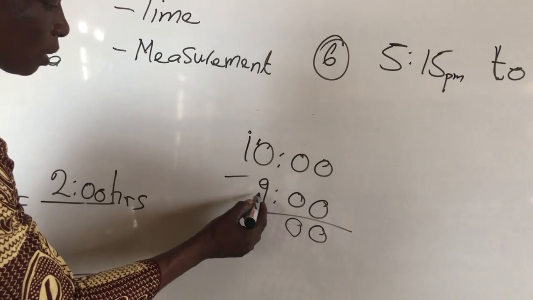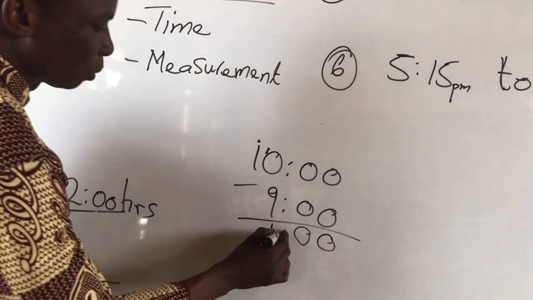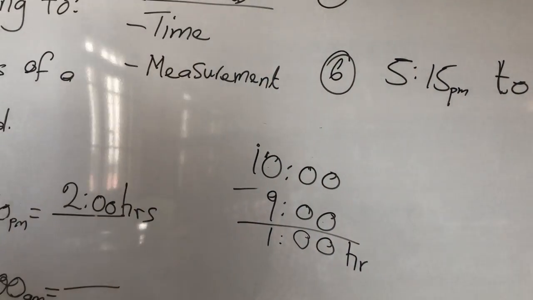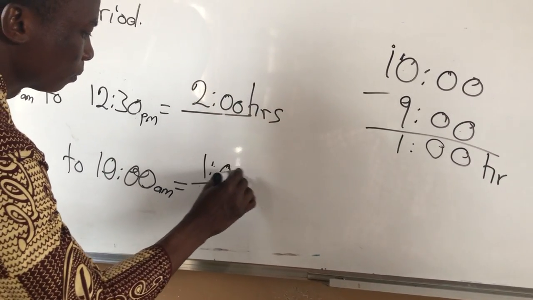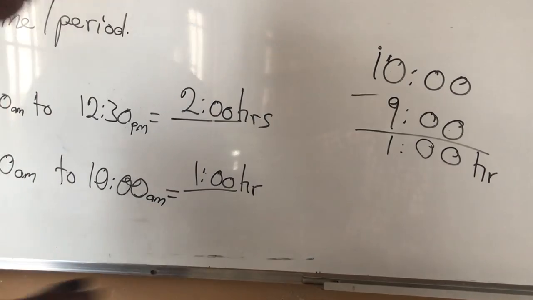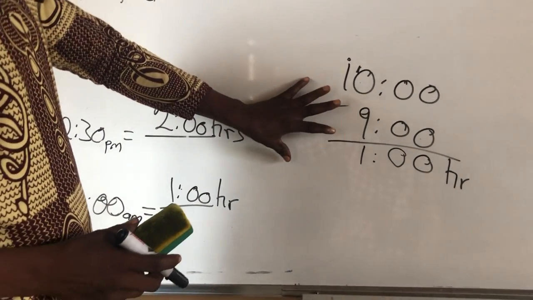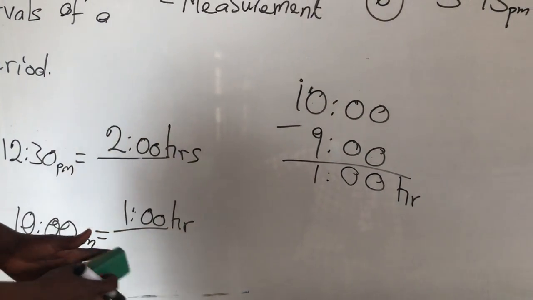Now, 10 minus 9 is what? 1. Then you quickly write how many hours? 1 hour. Don't forget, make sure you do your rough calculation somewhere and write the answer here nicely.